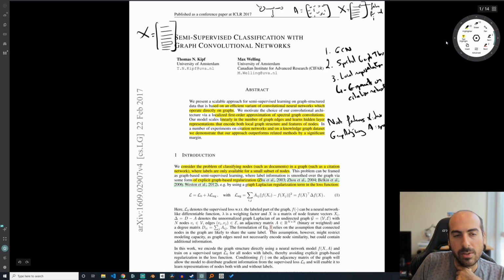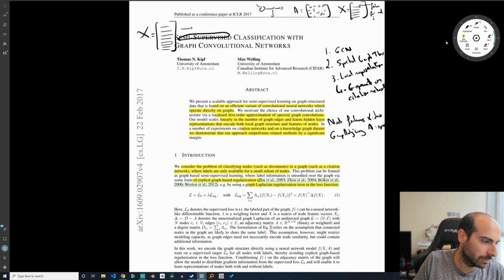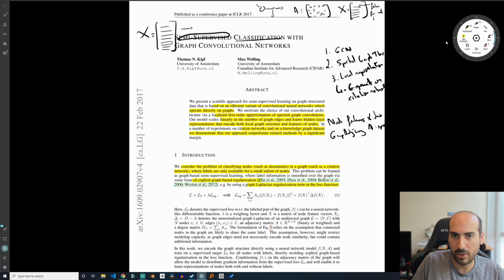This is why they use the phrase semi-supervised: it's not unsupervised, but at the same time you are missing labels from your training data. It's not like you're training on this and then given another graph. Then they're saying it's classification, but you could imagine it could be regression or generation or whatever.